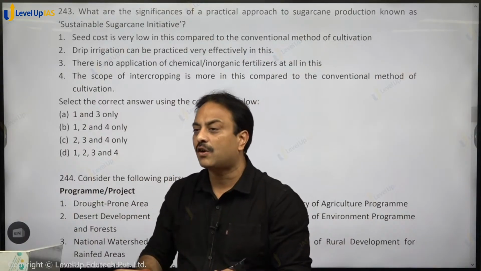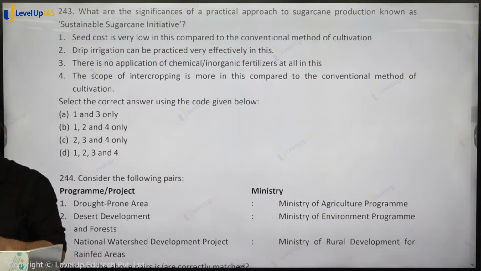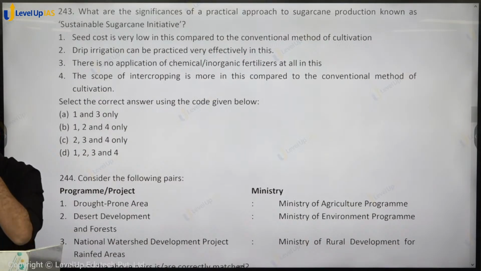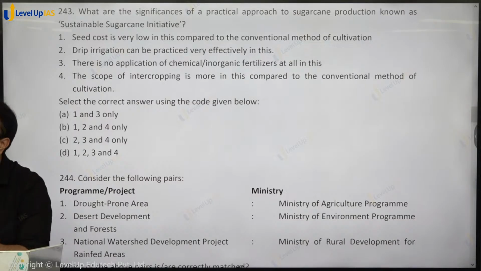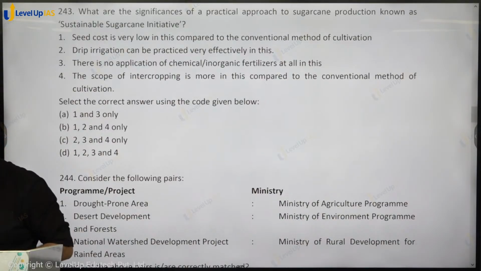That is called intercropping. No, you will deliberately practice that intercropping. It will not come out on its own. Why will it come out on its own? Generally, yes, in the Sustainable Sugarcane Initiative you can use the sugarcane field also for intercropping.